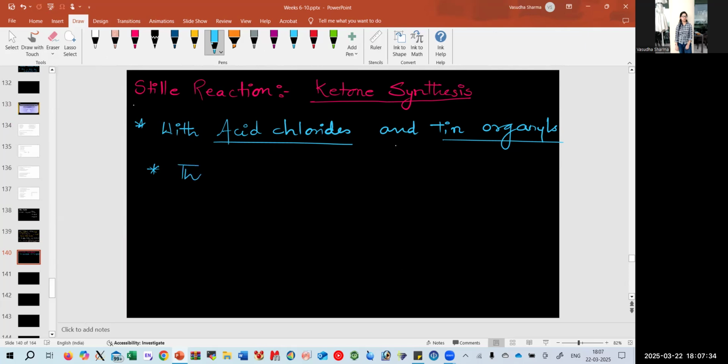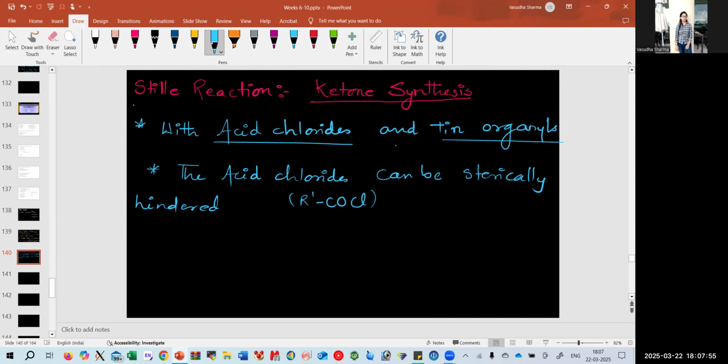What are the conditions? The acid chlorides can be sterically bulky, or what we say is hindered. That means the RCOCl that you take can have steric hindrance, which is not going to affect the reactivity. And you can also consider alpha-beta unsaturated acid chlorides as well. So steric hindrance or alpha-beta unsaturation is not a problem.